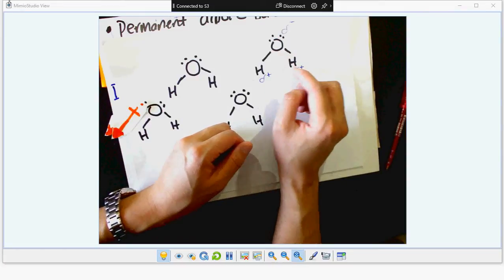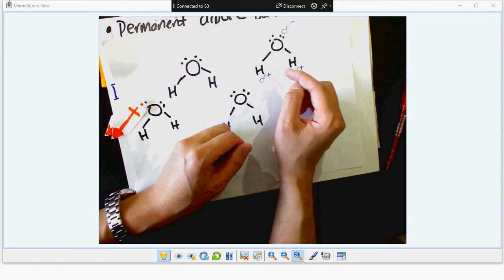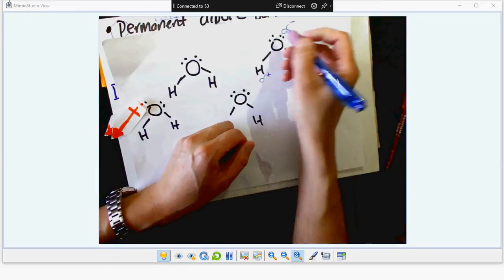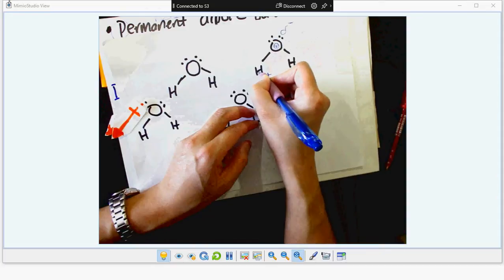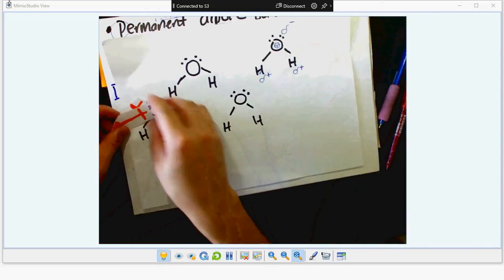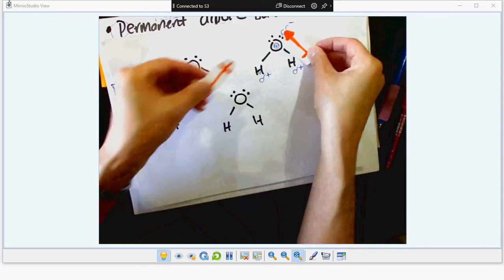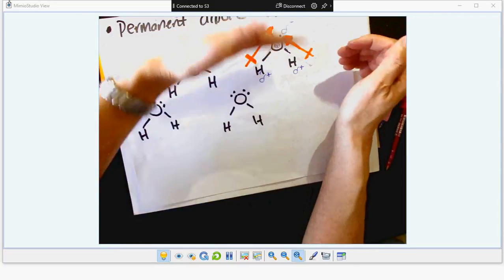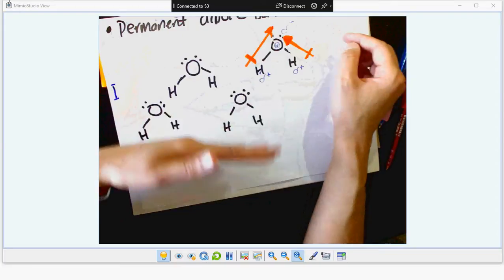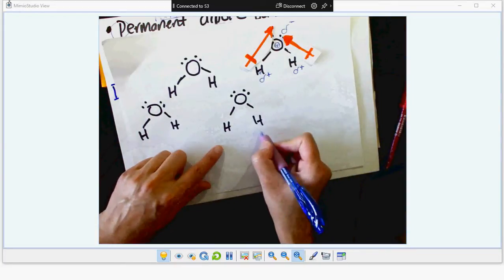It's got more protons. So oxygen has got a big positive nucleus, 6 protons. Hydrogen's only got 1. So oxygen is hogging more of the electrons towards it. So there's an uneven sharing of those electrons, and that occurs in all the water molecules.